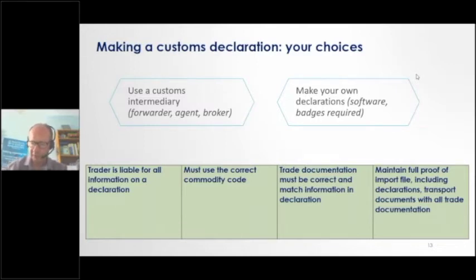So the commercial invoice must match the amount on the customs declaration and other documentation as well. Correct valuation of goods. And you must have a full proof of import file, not just if you enter the goods, the EIDR, into declarant records, but you must have full documentation. If we move to the next slide, please.